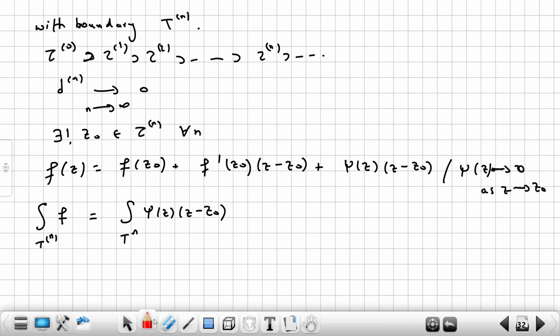Now we have the modulus of z minus z0, of course, less than or equal to dn, the diameter of the triangle tn.